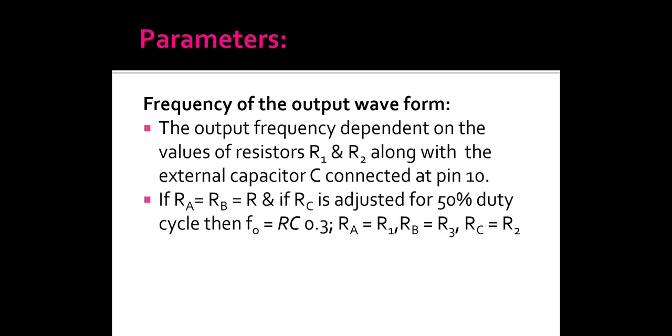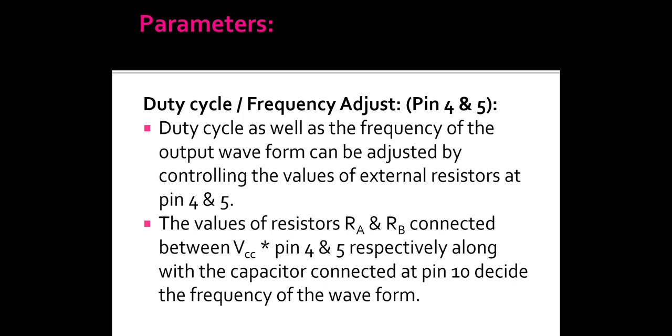And parameters: the frequency of the output waveform mainly depends on 3 parameters. One is resistor RA, resistor RB and a capacitor C. RA and RB are also called R1 and R2, and the capacitor C. The duty cycle or frequency adjust is also controlled by connecting the external resistors at pins 4 and 5 along with the capacitor connected at pin 10.